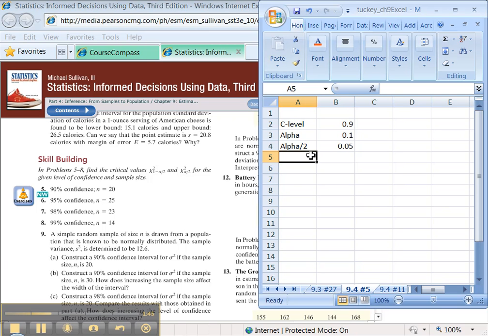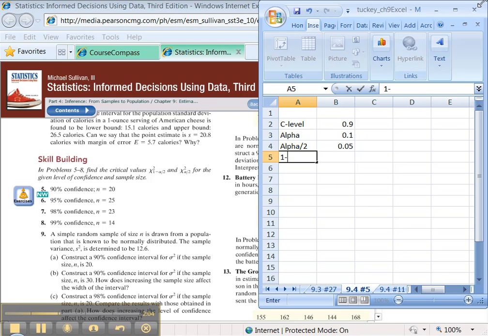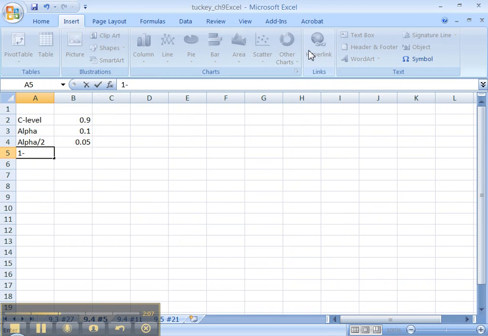So then we're also going to need, in case you didn't spot it, chi-square for alpha over 2, and also chi-square for 1 minus alpha over 2. So we're going to need 1 minus alpha over 2. And by the way, just in case you really feel like doing it this way, you could always insert a symbol.